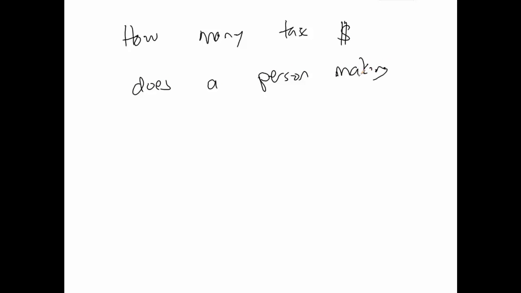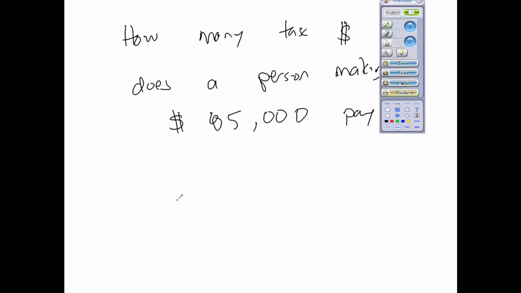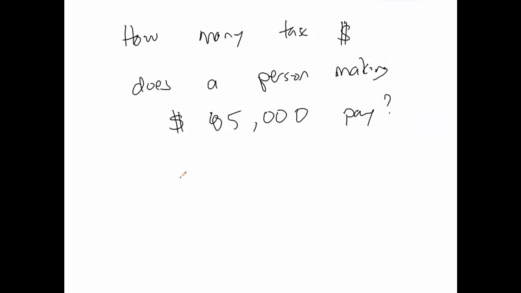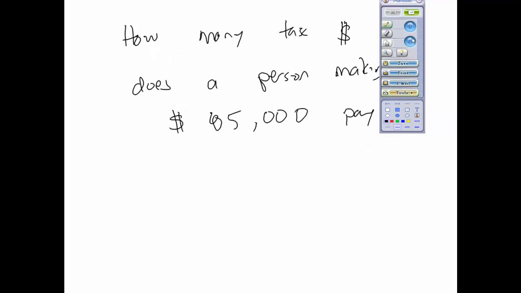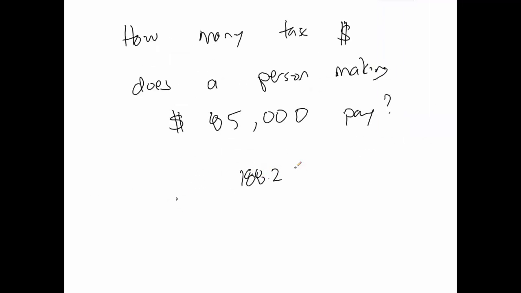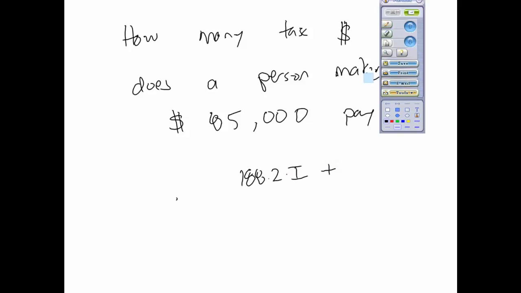So let's just do an example real quick. How many tax dollars does a person making $85,000 pay? Well, that's going to be given by our regression equation: taxes equals 188.2 times the income minus 2149.5.